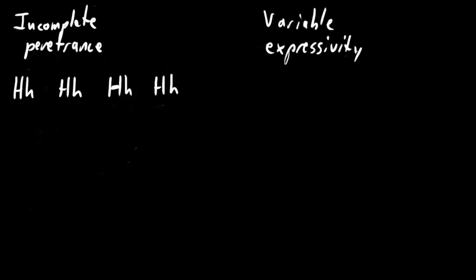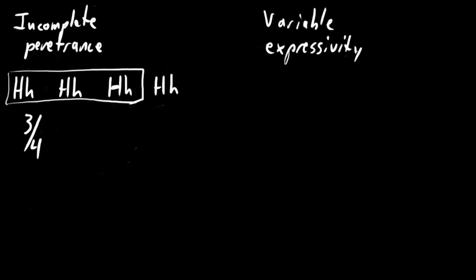All right, so incomplete penetrance means that let's say we had these 4 individuals, and we know their genotype, and when we actually evaluate the individuals, we see that only 3 out of 4 of these people show HHT symptoms.